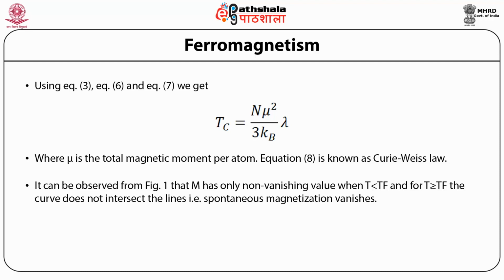So figure 1 is very important as far as the physics of spontaneous magnetization is concerned. If we want to achieve spontaneous magnetization, then T must be less than T_C; otherwise, if T is greater than or equal to T_C, the spontaneous magnetization vanishes.